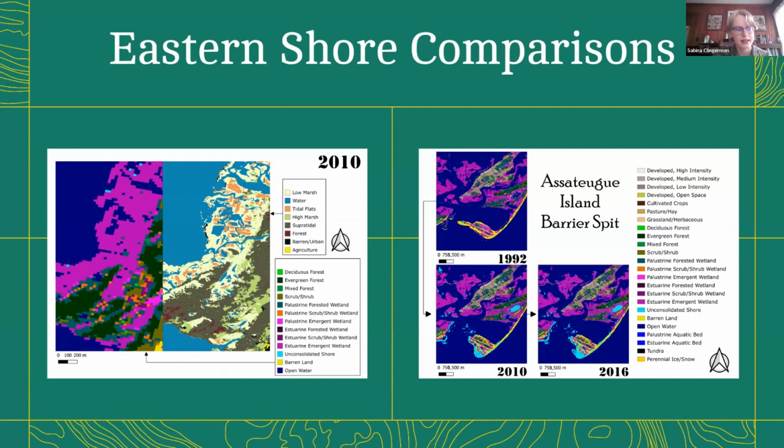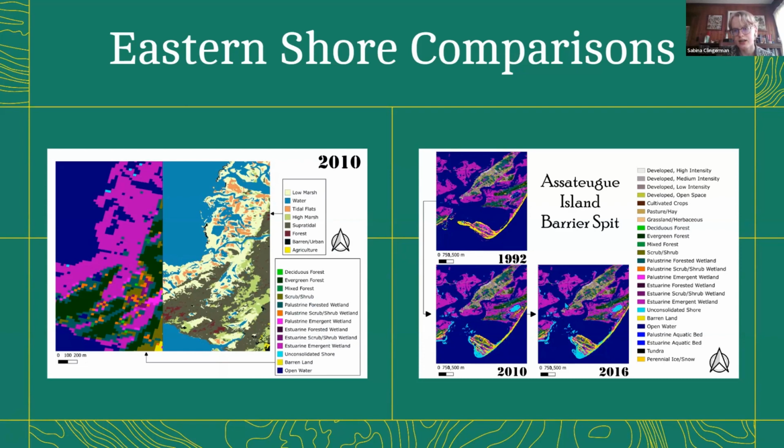You can see the Coastal Change Analysis Program map has a lot of different options for how things could be classified, but it's got a much larger pixel size, so it kind of misses out on a lot of information.